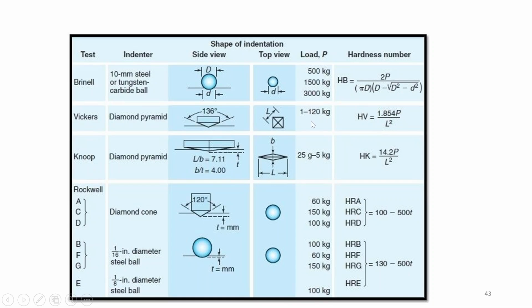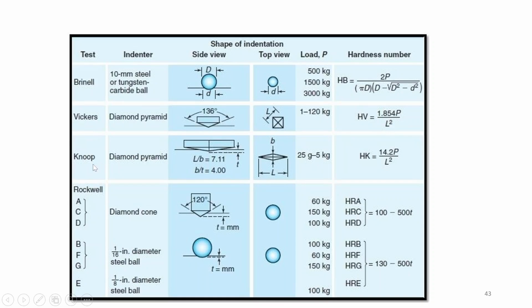The load is varied between 1 to 120 kilograms. In the case of micro hardness testing for Vickers, this load can be in grams as well. The formula used is 1.854 times load divided by diagonal squared.